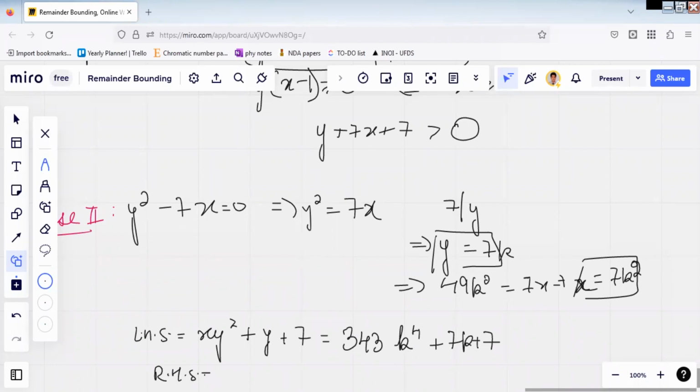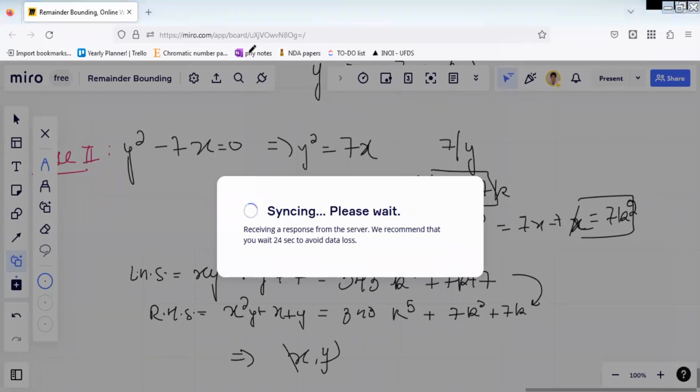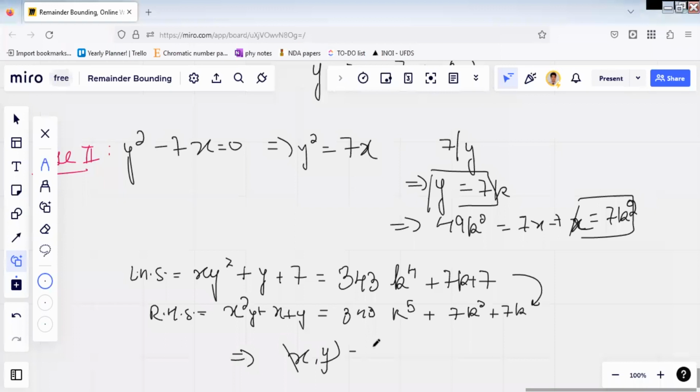And the right hand side is x square y plus x plus y, and this becomes 343 k to the power 5 plus 7k square plus 7k. And this thing obviously divides this for all values of k, right? Which means that x comma y equals 7k square comma 7k is a valid solution.